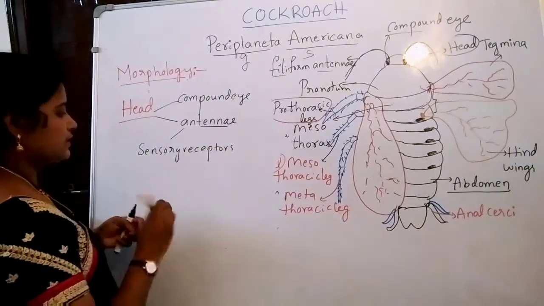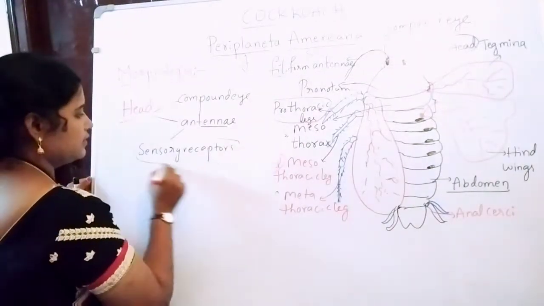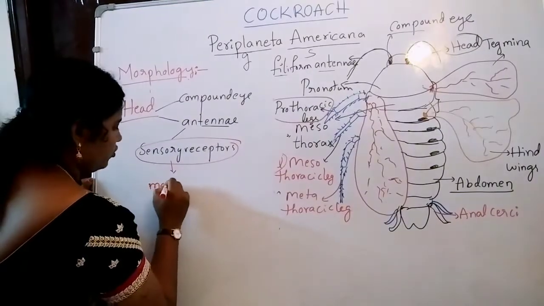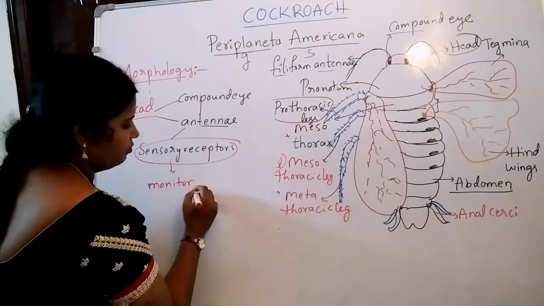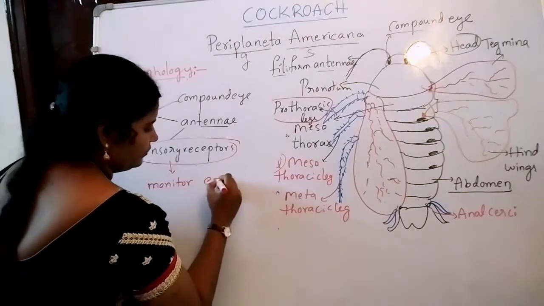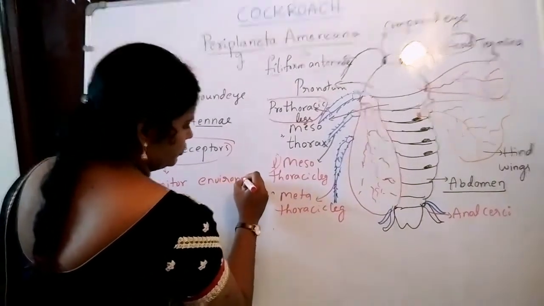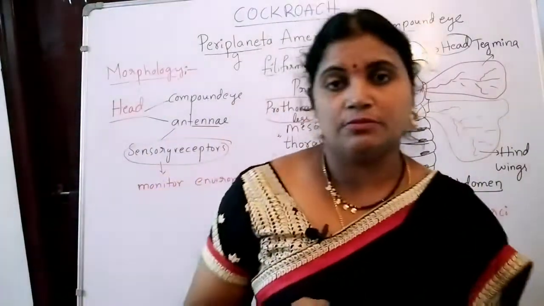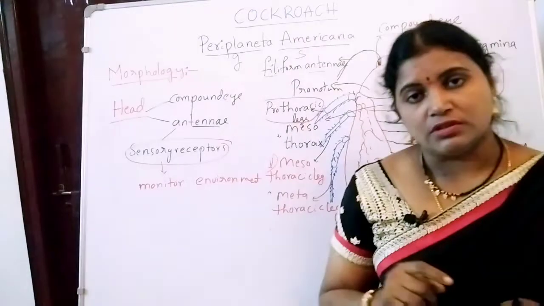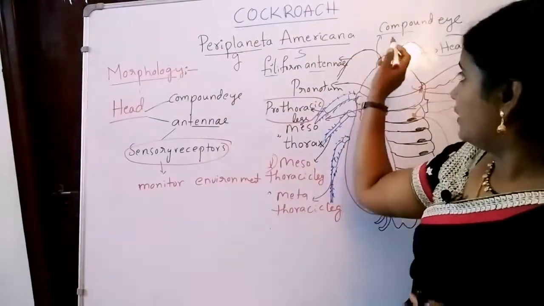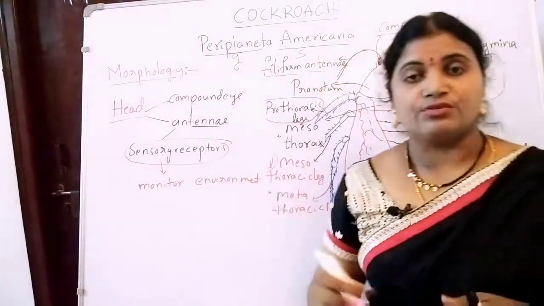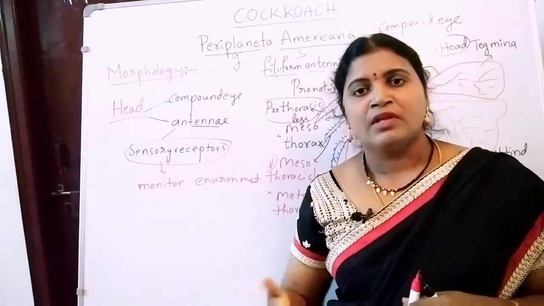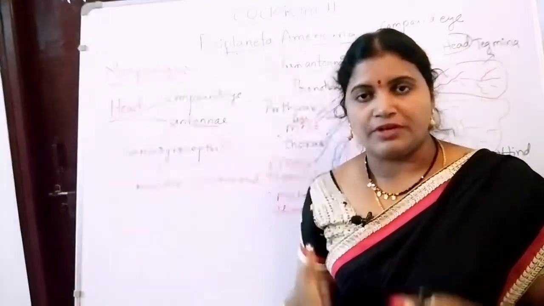The sensory receptors monitor the environment. Whatever external changes take place in the surroundings are sensed by the receptors present in the antennae, and it also reacts to chemical stimuli, such as other animals, to protect the body.